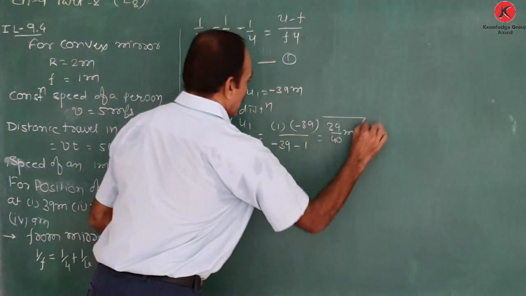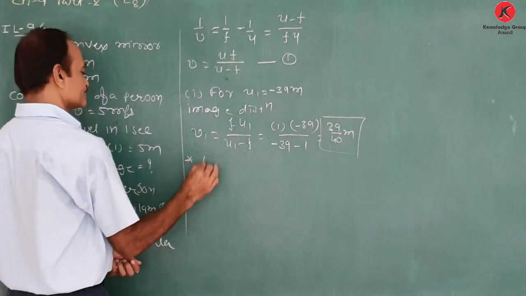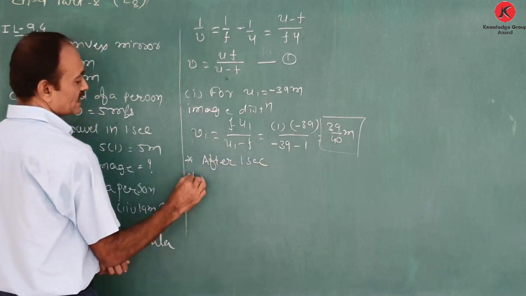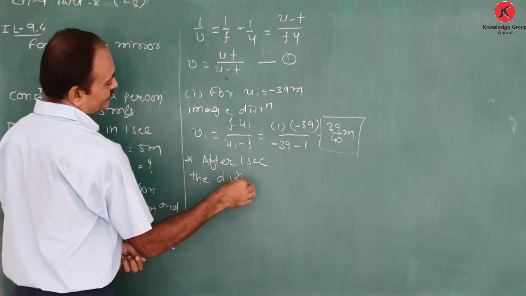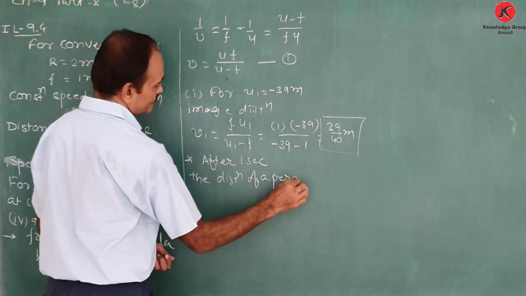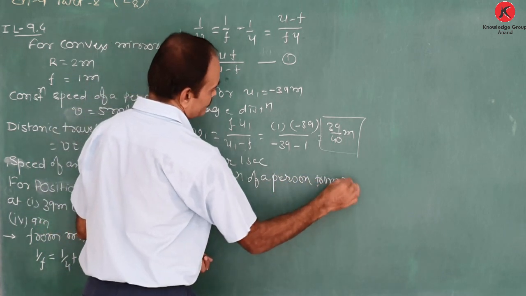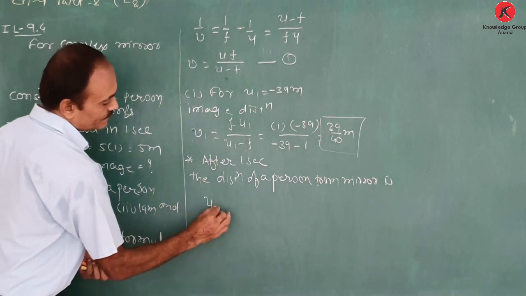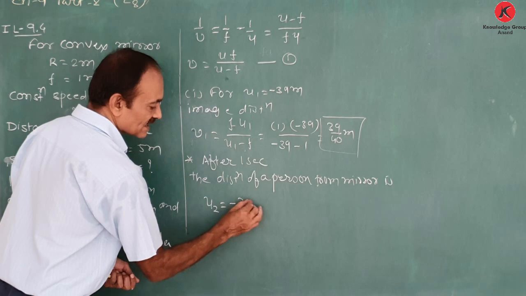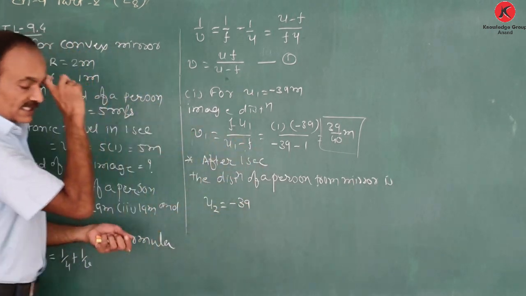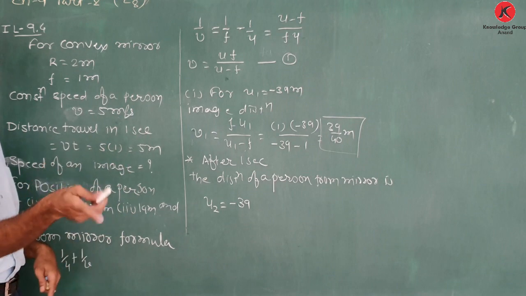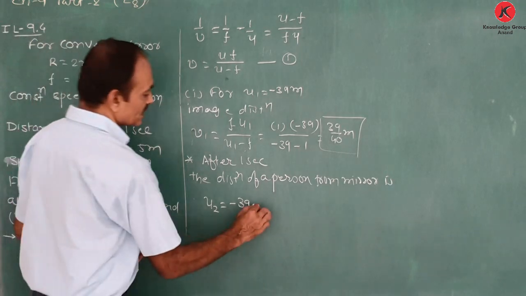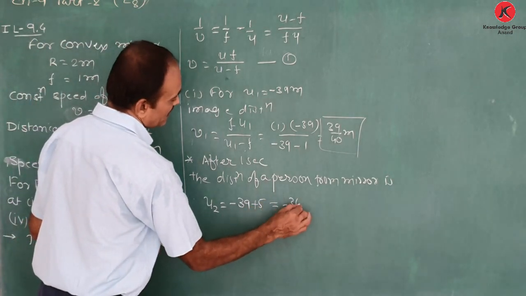After 1 second, the distance of the person from the mirror, that is u2, is equal to the initial distance of 39 meter. The speed is 5 meter per second, so the distance traveled towards the mirror is 5 meter in 1 second, therefore u2 is minus 34 meter.